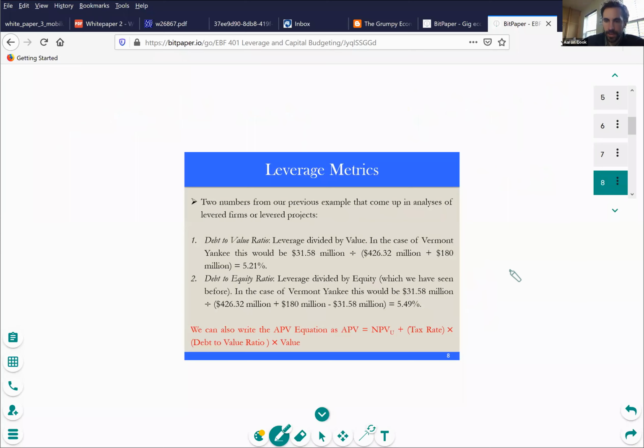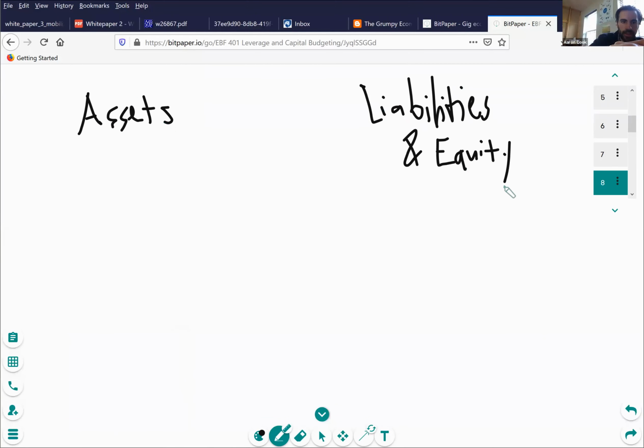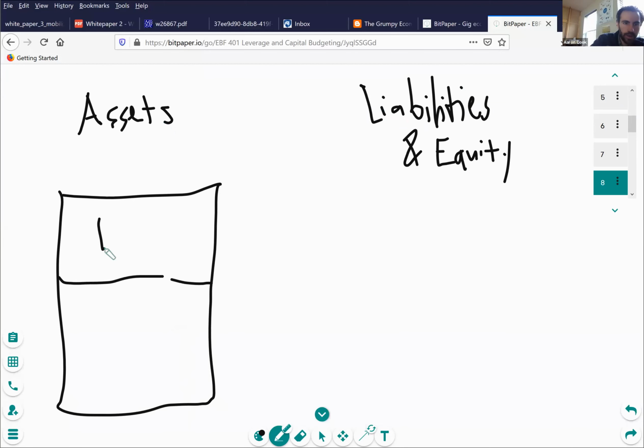We can think about this in terms of a balance sheet. So you think about assets and then liabilities and equity. We have a $180 million investment cost. So we buy that asset, and then that asset is on our books. That's land and capital and equipment that's logged on the asset side of the balance sheet.